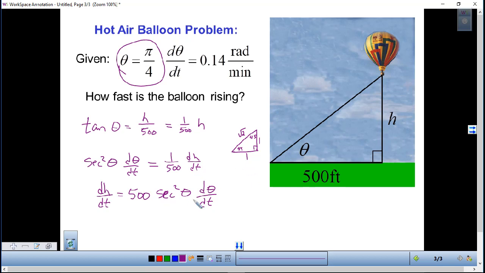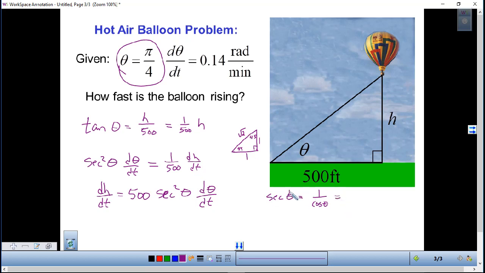So now, what is secant squared? Or what is secant? Well, remember that secant theta is nothing more than 1 over cosine theta. And cosine is adjacent over hypotenuse.